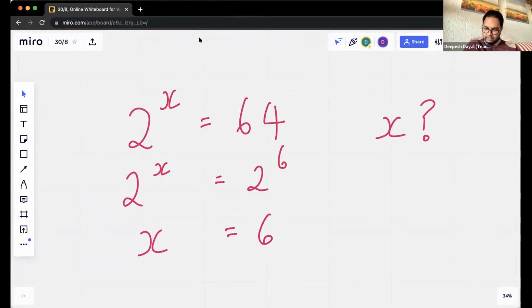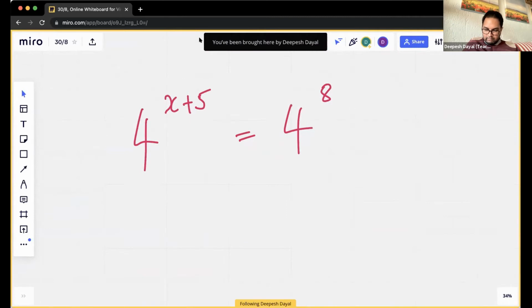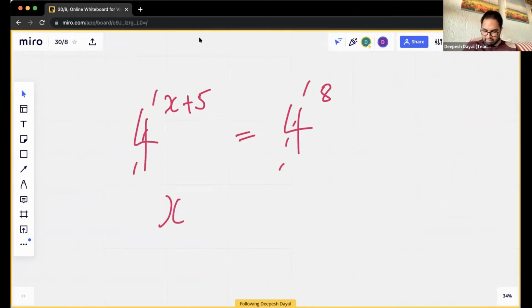Let's do something more exciting here. So we've got 4 to the power x plus 5 equals 4 to the power 8. Now we've got a 4 on both sides, so we can cancel them out. So it will just be x plus 5 equals 8.